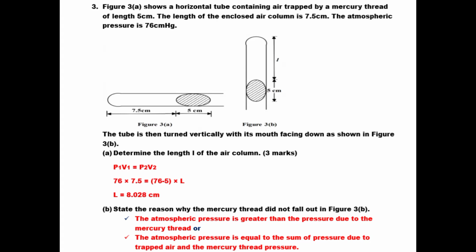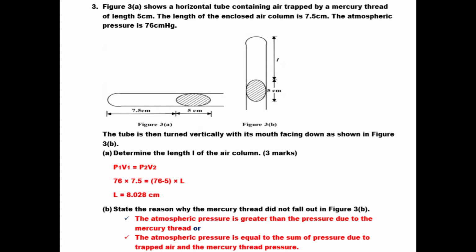The first alternative, the atmospheric pressure is greater than the pressure due to the mercury thread. In other words, the mercury thread pressure is acting downwards, whereas atmospheric is acting upwards. So it means atmospheric is greater than the liquid pressure only. Remember, we are ignoring the pressure due to trapped gas. So we are saying atmospheric is greater than liquid alone.